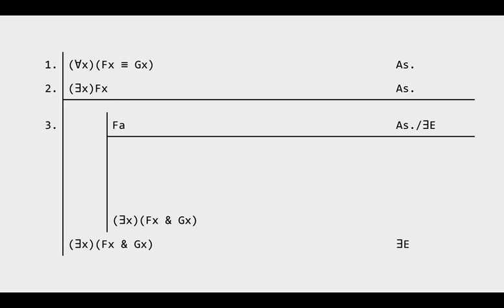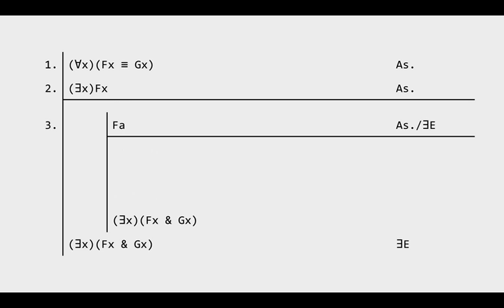Now, we've already checked for that because it's one of the premises, but sometimes the existentially quantified sentence that you are using for your assumption isn't in the premises, so you do have to double check. In any case, right now, I don't see an A in number 2, so we're still set.